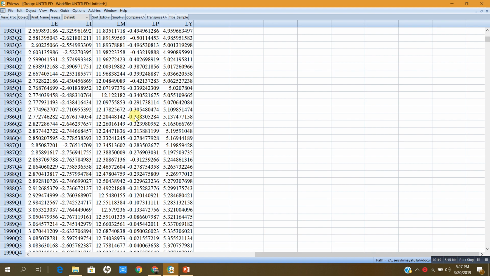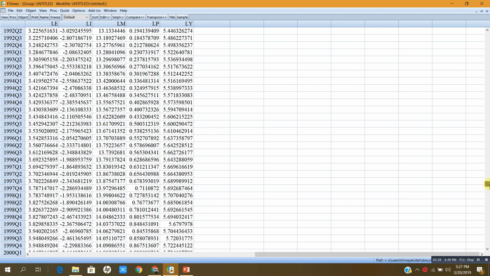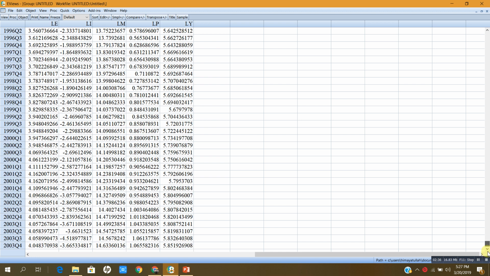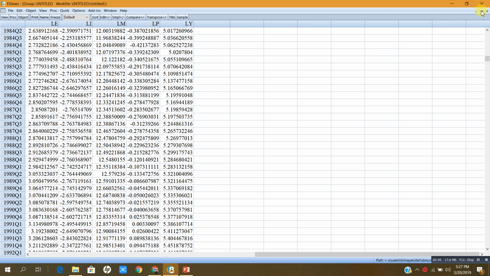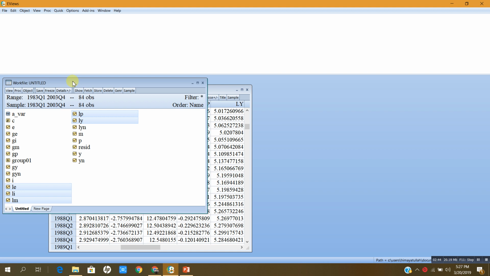Now these are my variables, and this is quarterly data from 1983 quarter 1 up to 2004 quarter 4. So this is quite a big sample, and the total number of observations are 84.